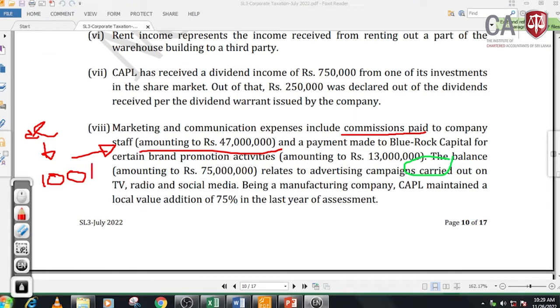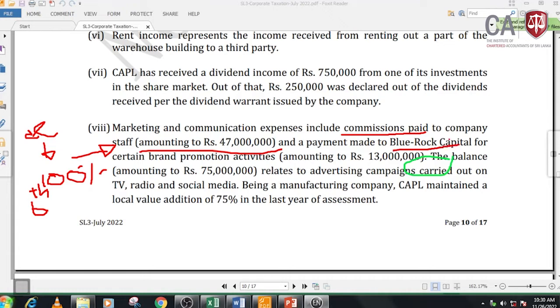This is looking for, can we take the additional 100% of the deduction? Anyway, this one time it has deducted. Then we need to go for under 6 schedule. Can we go with the additional 100% deduction? Then this is internal marketing expense. No. And the payment made to Blue Rock Capital.